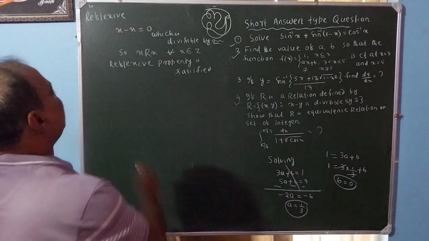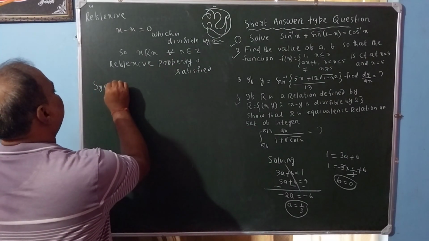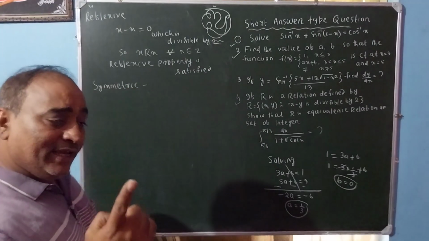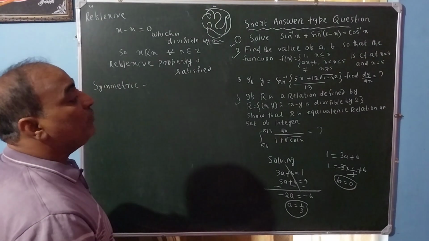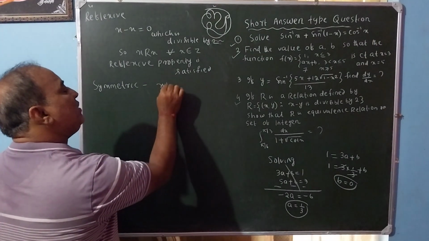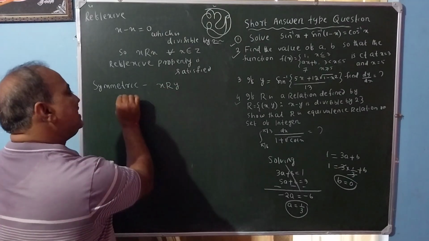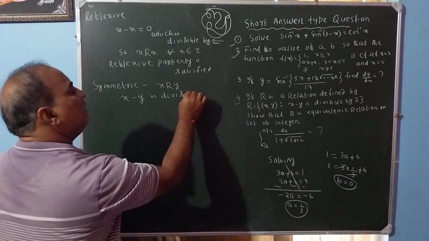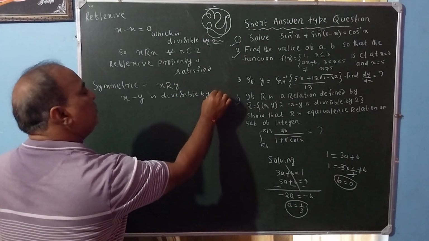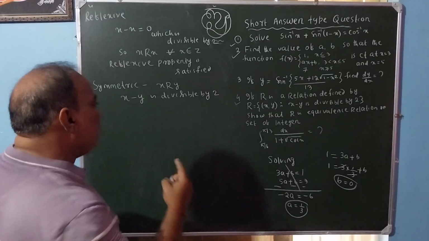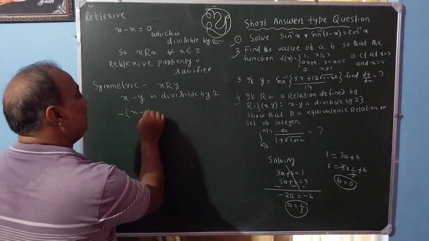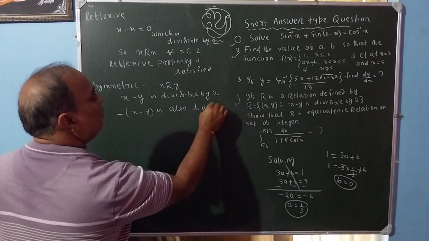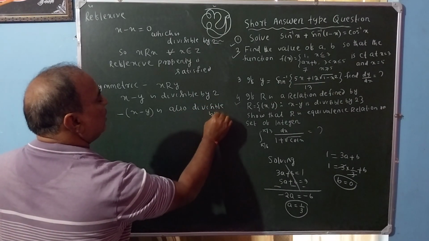Then we have to check symmetry. Write down symmetry. Symmetric means x related to y implies y is related to x. So now x related to y means x minus y is divisible by 2. When x minus y is divisible by 2, minus of x minus y is also divisible by 2.